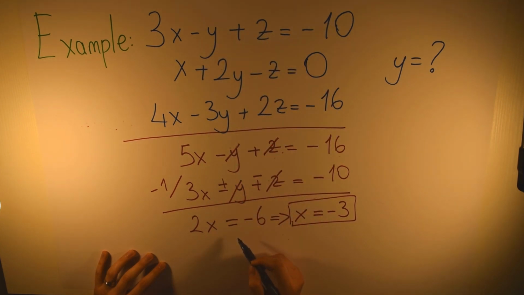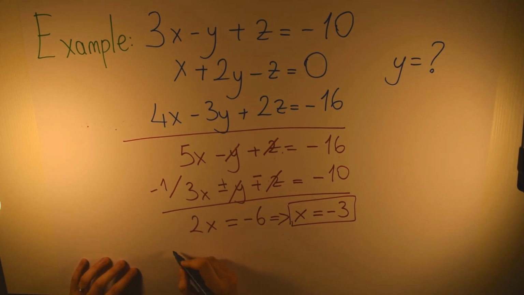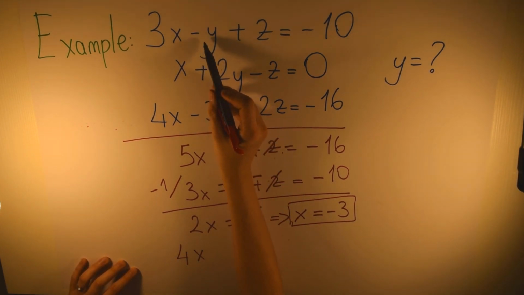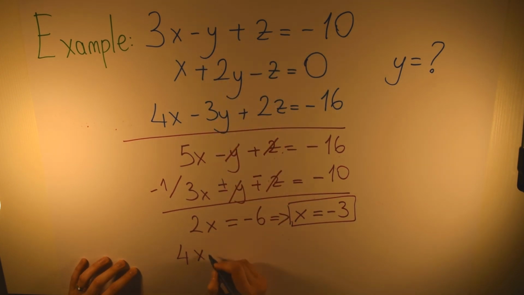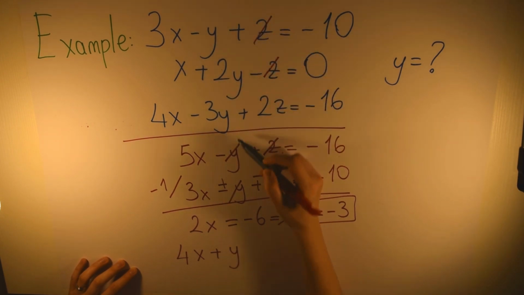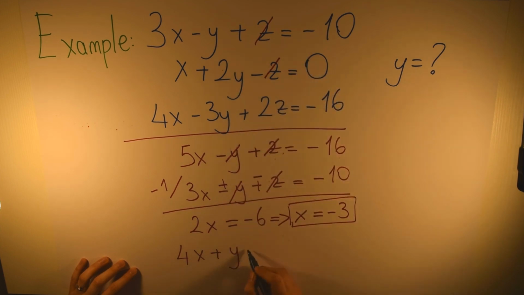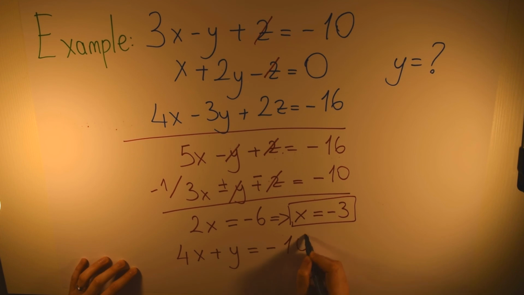So here we have 3x plus x, which is equal to 4x. Here I have minus y plus 2y, it's plus y, plus z minus z, these will cancel out each other. And here we have minus 10 plus 0, which is equal to minus 10, right?